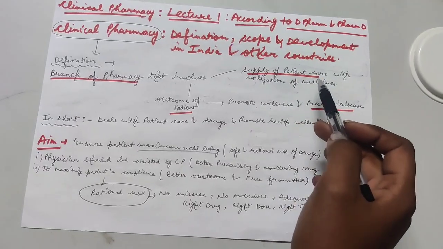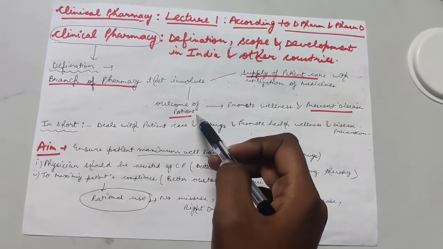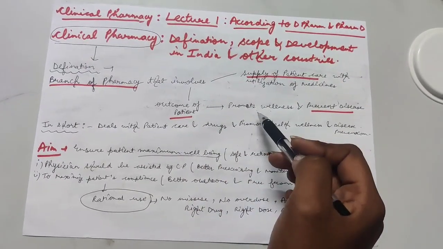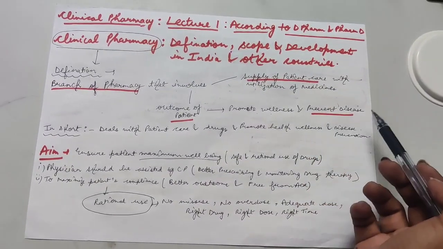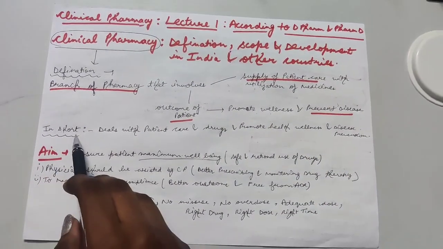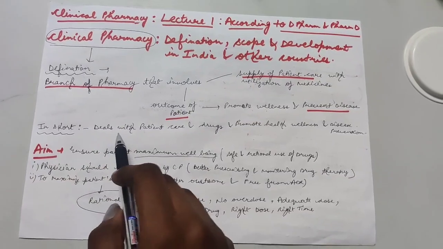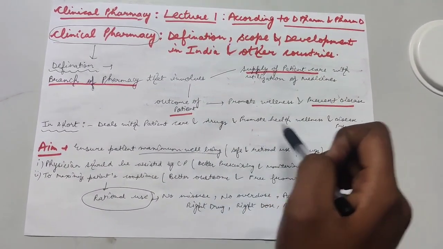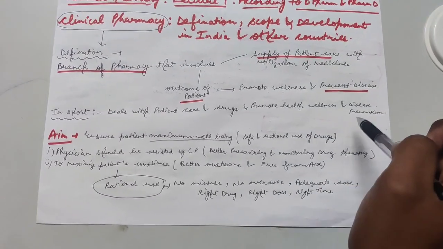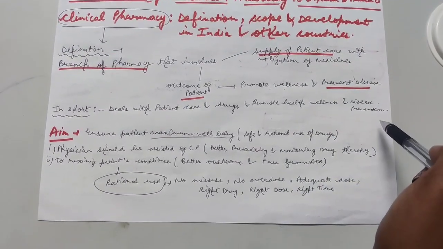With the utilization of medicines, outcome of the patient to promote wellness, that patient is being cured and the disease is being prevented. In short, clinical pharmacy deals with the patient care and drugs and promotes health, wellness and disease prevention.